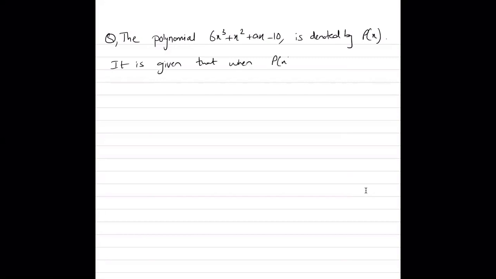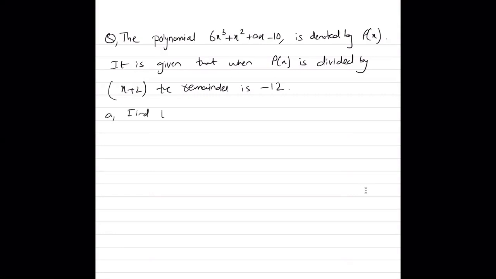The polynomial 6x cubed plus x squared plus ax minus 10, where a is a constant, is denoted by p of x. It is given that when p of x is divided by x plus 2, the remainder is minus 12.